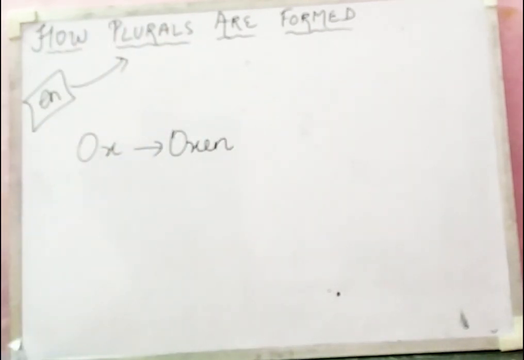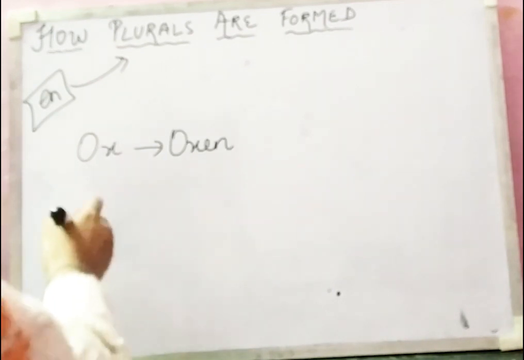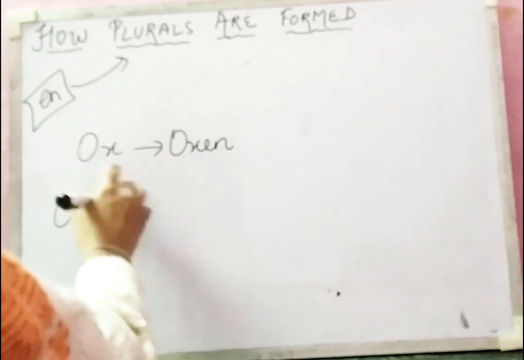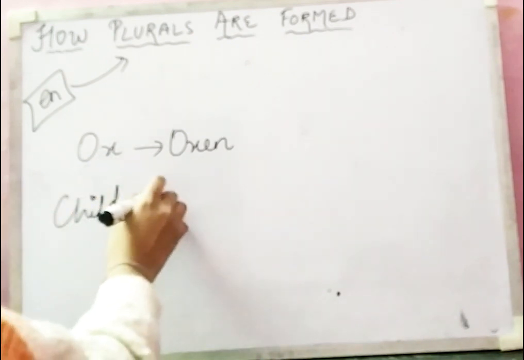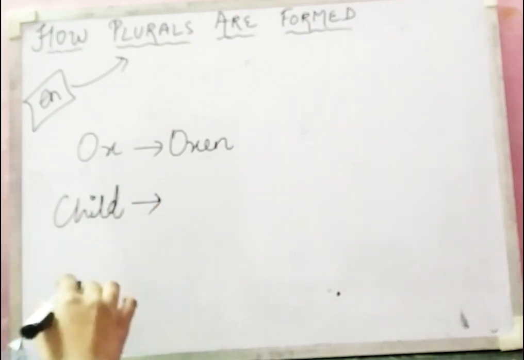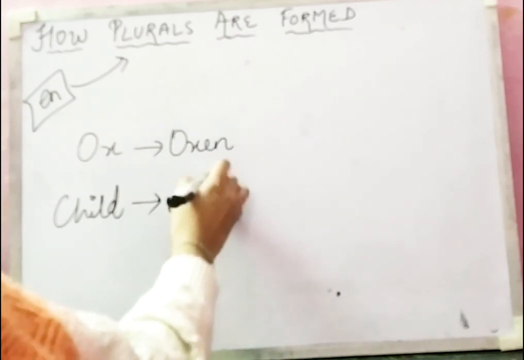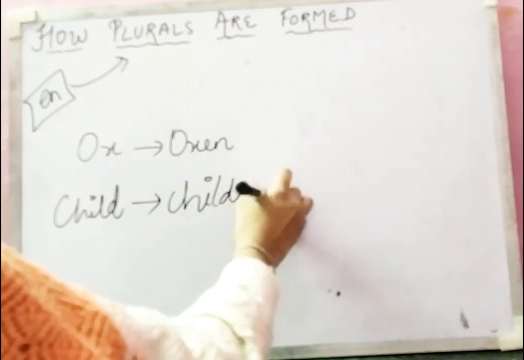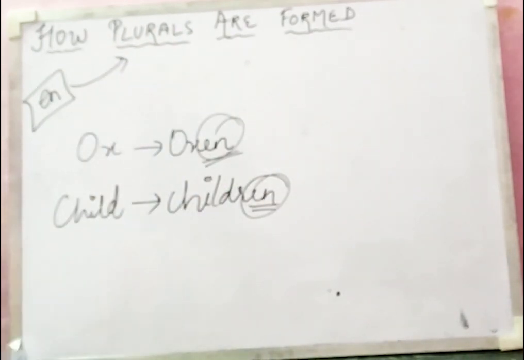That will be the plural of ox. Similarly, we can take many examples, like you know that child is the singular one, we make it plural, means children. We have added en here. So in some words we can add en also to make it plural.